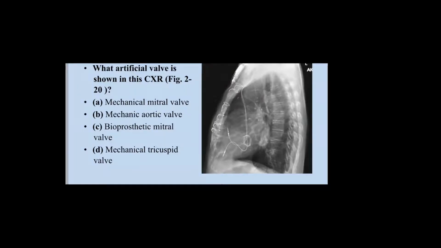If the valve is above it, it will be an aortic valve. It seems like a mechanical aortic valve. Okay, any different opinion? I think mechanical mitral valve. Mitral valve. Any different opinion?